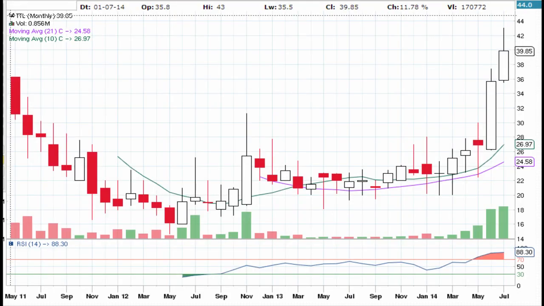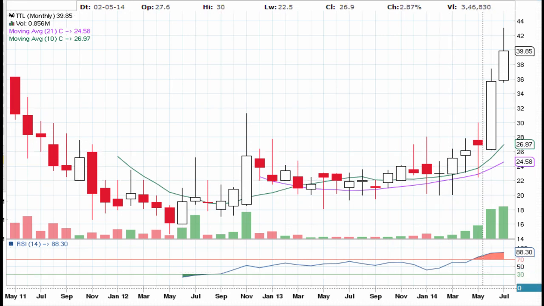And we are looking at TTL monthly. Let's take a look at the breakout on the RSI to 3-year highs. Bang! So here was an entry. Also happened to be a price breakout there based on a prior monthly closing high.